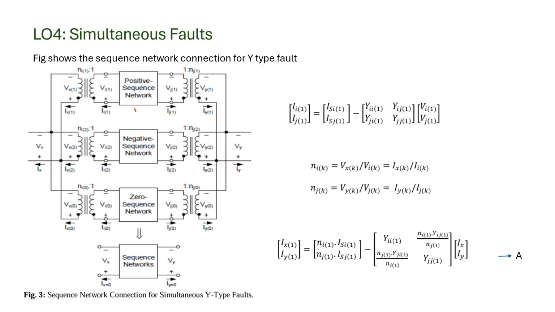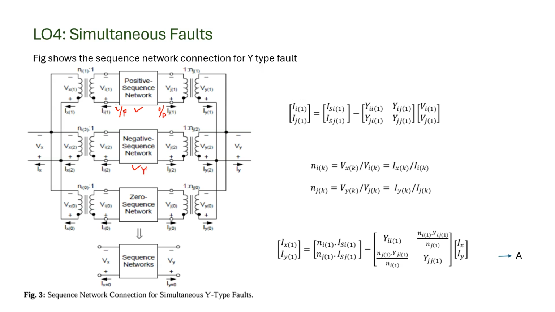So this positive sequence network here indicates the two-port network of the positive sequence network, with input port here. This input port represents one fault location and the output port represents the another fault location. Similarly, this negative sequence network represents the two-port network in terms of Y parameters. Here you have to be very specific.